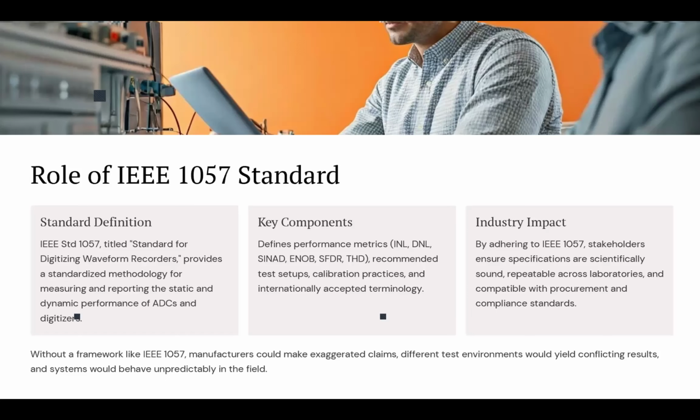The parameters that are defined as criteria, the measures based on which we define how efficient or how accurate those converters are, are defined in IEEE 1057. There are several different parameters, like you can see in some of the examples: INL, DNL, SINAD, THD.